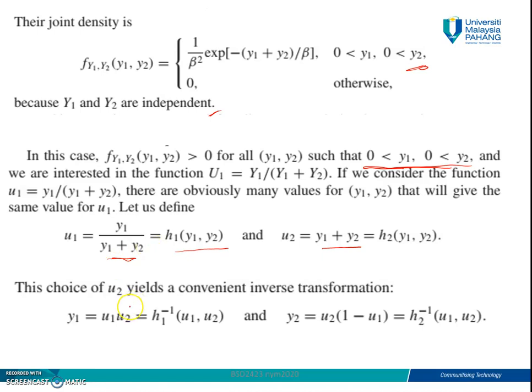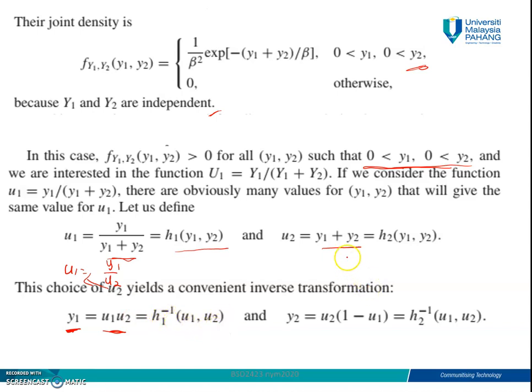In this case, we substitute y1 plus y2 equal to u2. From here you get u1 equal to y1 over u2, and you want to make y1 the subject, so you multiply by u2 and get y1 equal to u1 times u2. This is the inverse function for y1.